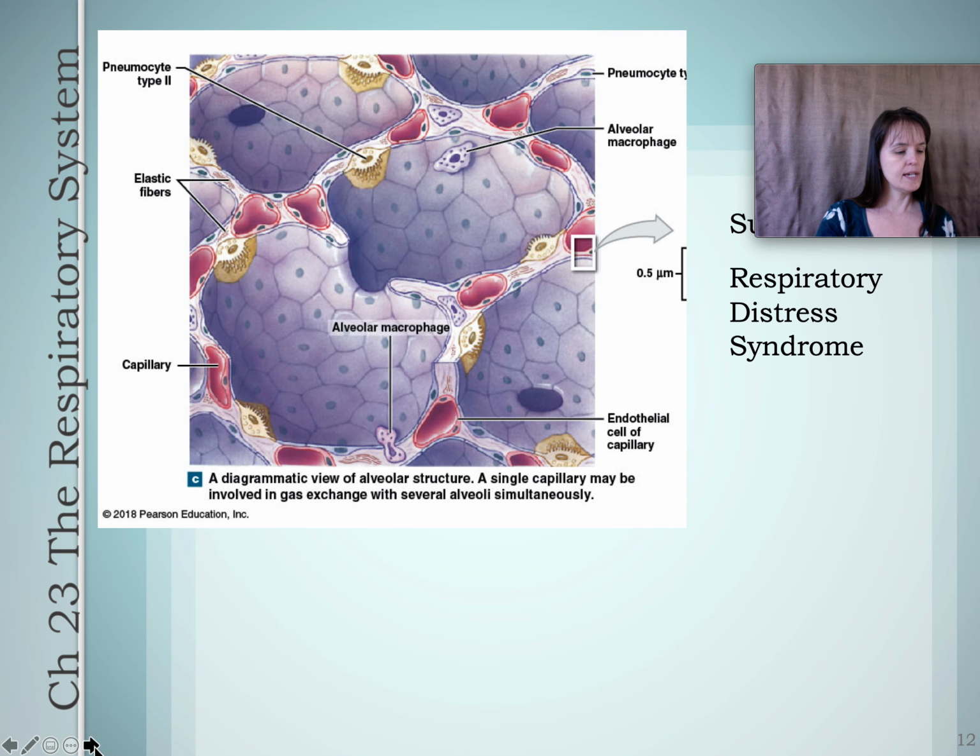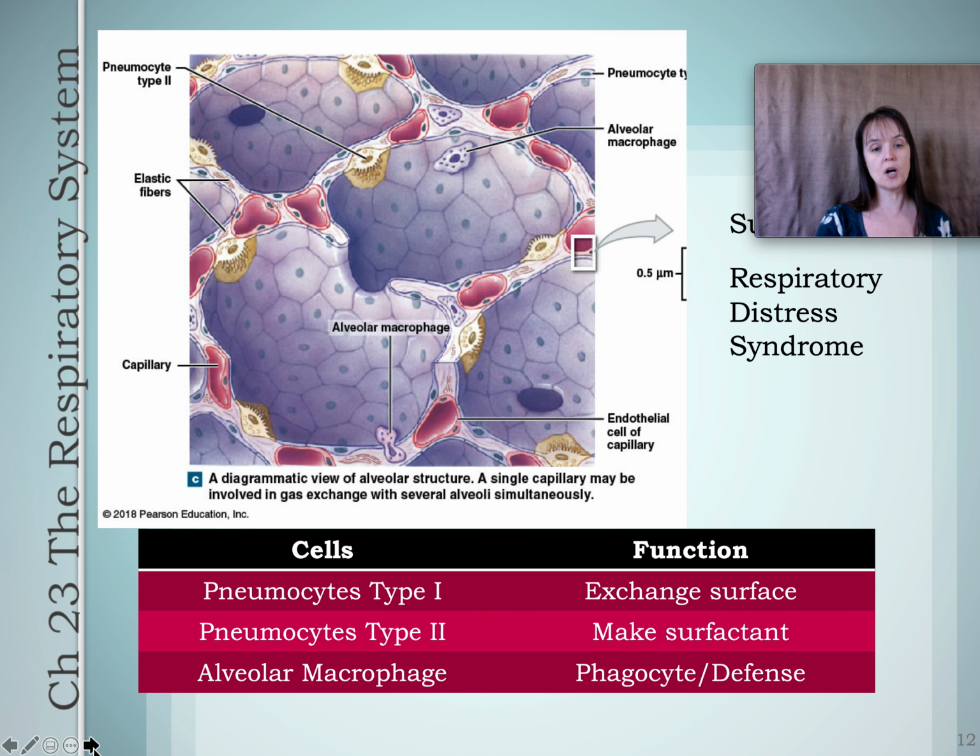Okay, so the different types of cells, we have a chart for that. I'll give you a second to pause and write that down. Excellent. Hey, the red still shows. Pneumocytes type 1 are the exchange surface. They are simple squamous epithelium. Pneumocytes type 2 make surfactant, and we will talk in a moment about how important surfactant is.